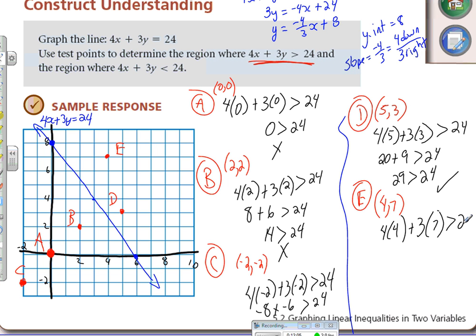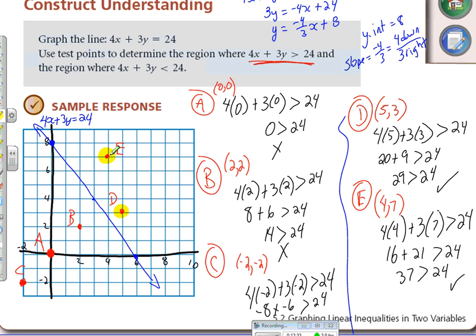Is it greater than 24? 16 plus 21. 37 is greater than 24. That one checks out as well. So this one is also in that area. So here and there, D and E that we chose was greater than 24.